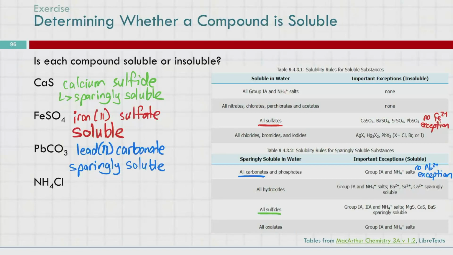On our green sheet, carbonates show up on the first row of our generally insoluble, the lower half, except those of group 1 and NH4 plus. So sparingly soluble or insoluble, depending on which table you're looking at. And then the last one, we've got ammonium chloride.